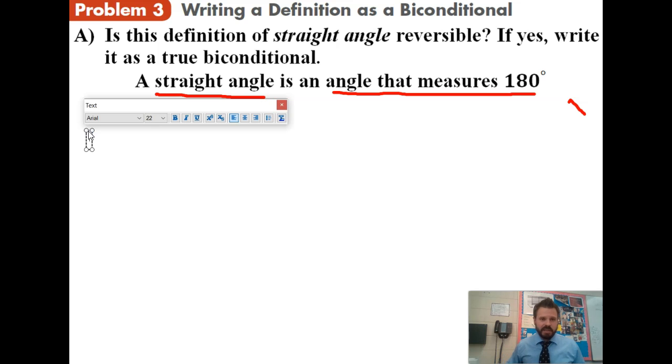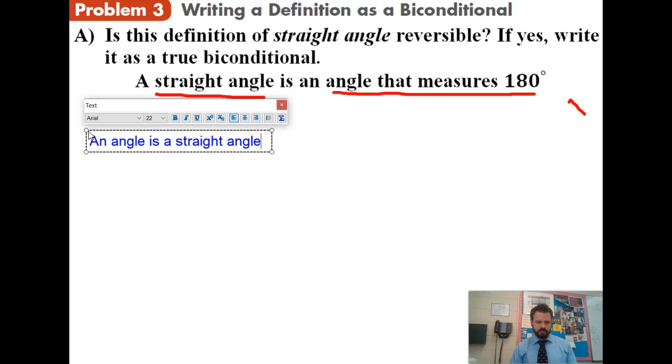So what I can do for that biconditional is say that an angle is a straight angle if and only if the angle measures 180 degrees.